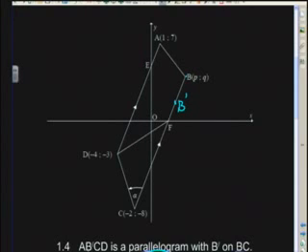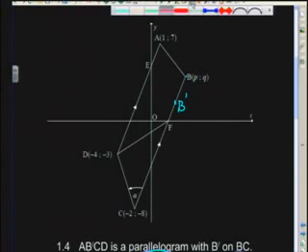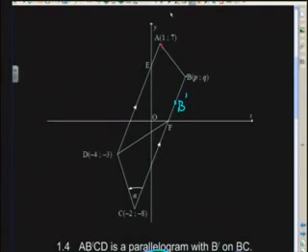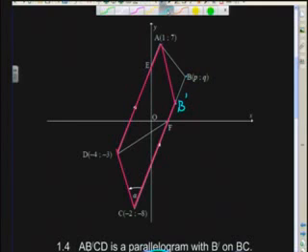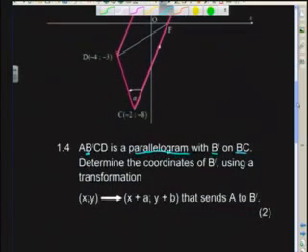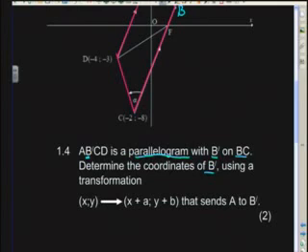And what's going to happen to the new shape is that this new shape from A to B prime, C, D is going to become a parallelogram, a palm for short. So that shape there, A, B prime, C, D is now a palm. They then say to you, determine the coordinates of B prime using a transformation that takes you from the point (x, y) to send A to B prime.